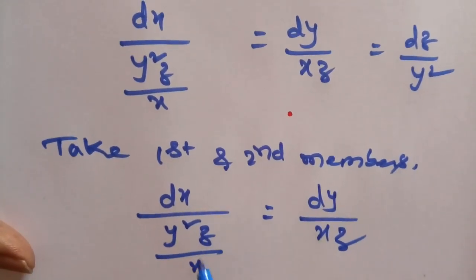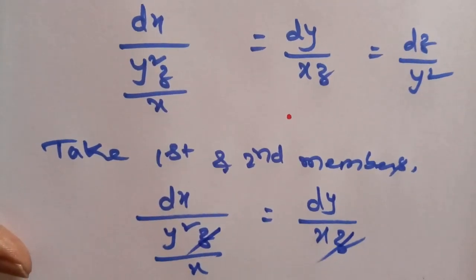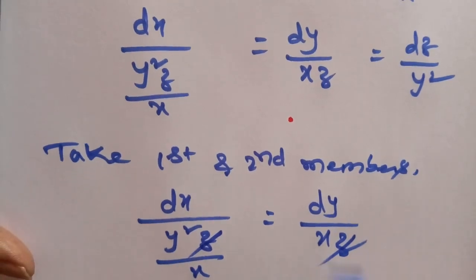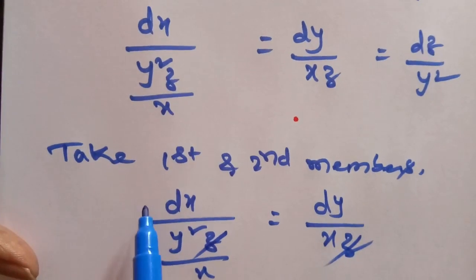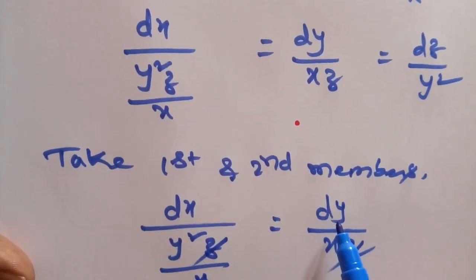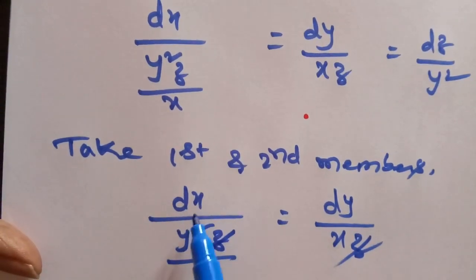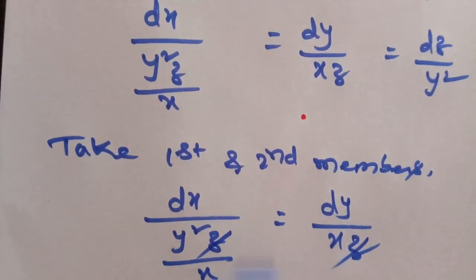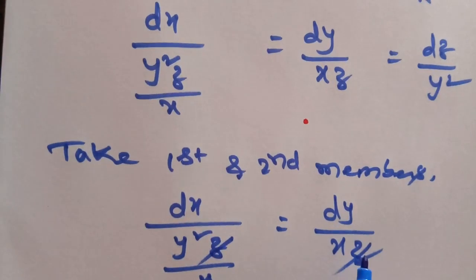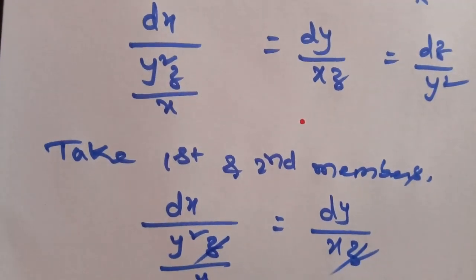Here z is involved, so we have to eliminate it by cancelling z on both sides. Then separate the variables, x variables on the left hand side and y variables on the right hand side, to integrate with respect to x and to integrate with respect to y. That means separating the variables, the method of variables separable.